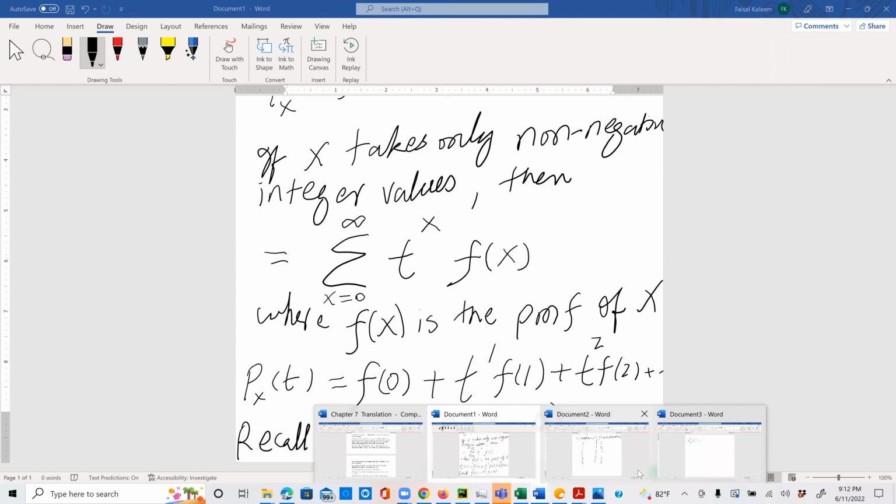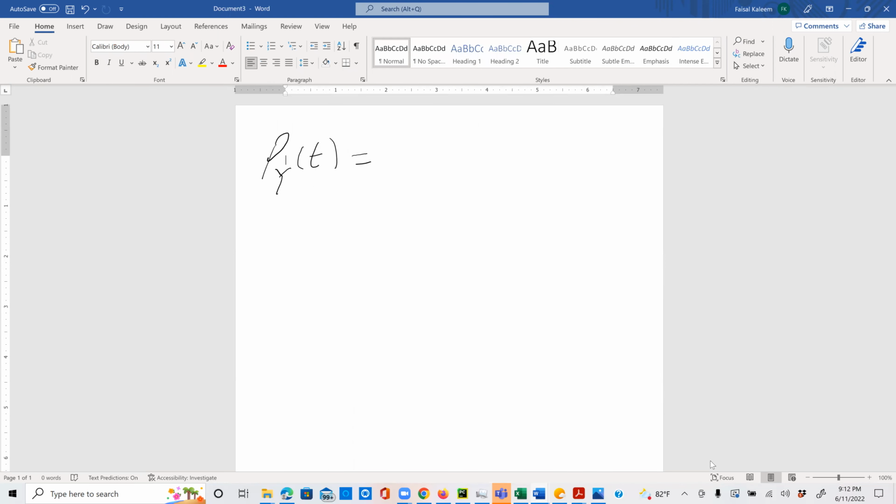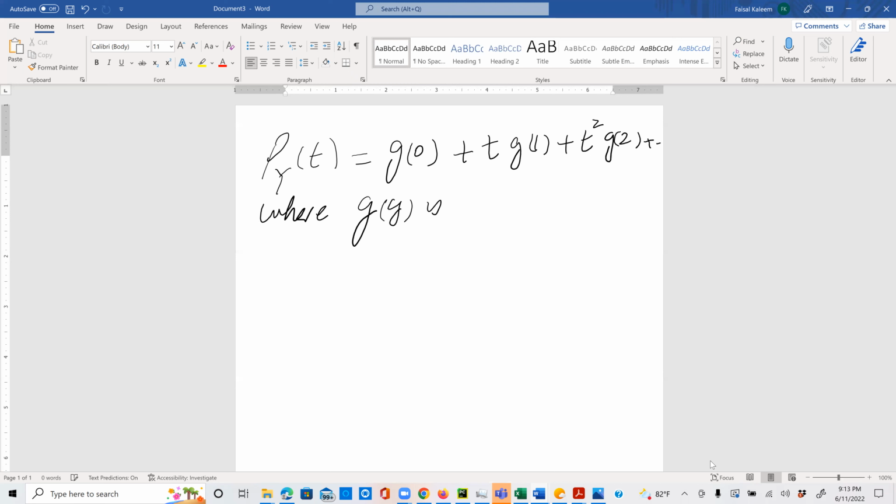g of 0 plus t g of 1 plus t squared g of 2 plus so on, where g of y is the PMF of Y. So this is what we have to find.